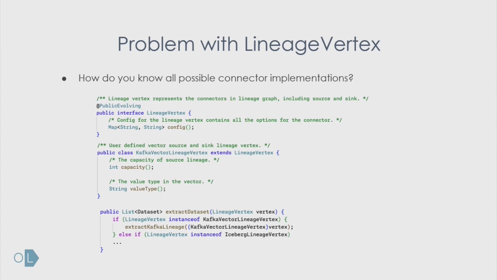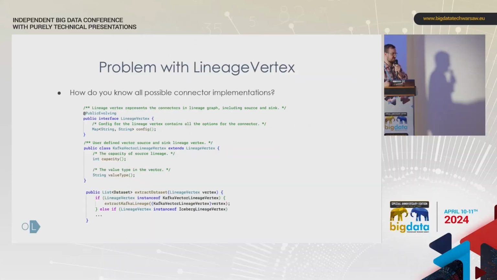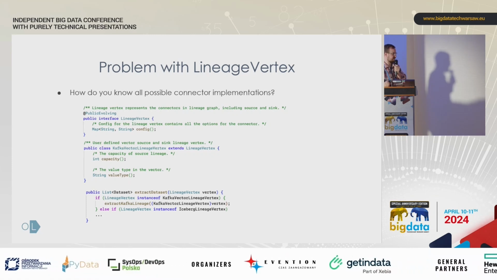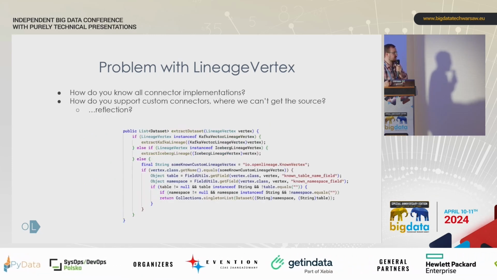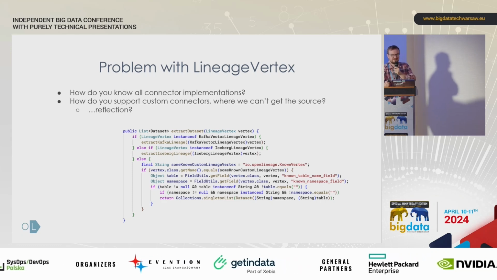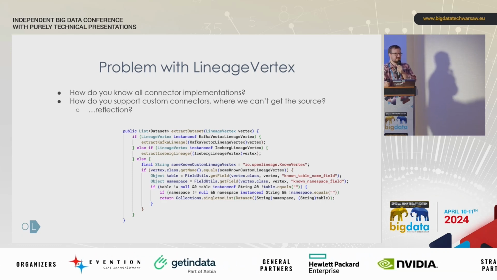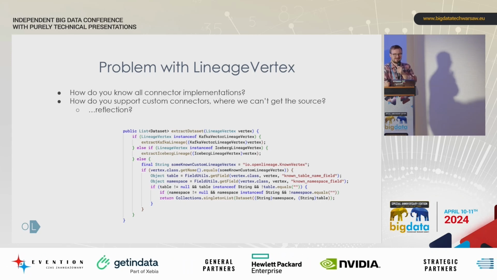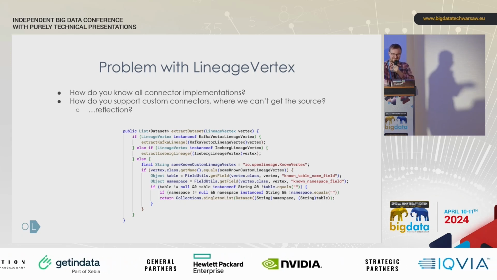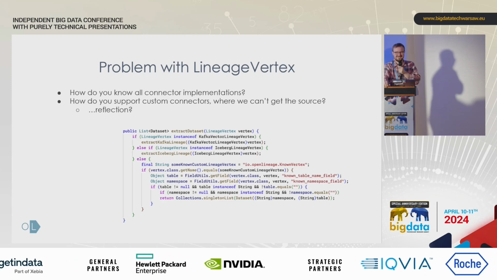And to use it, we'd have to check the instance: is it a Kafka connector? Yes, then do something for Kafka in our own code. And if it's Iceberg, do something else. That's what we would have to do for every connector that can produce and read, basically. And those are not the only connectors, right? The open source ones. There's a strong culture of writing your own connectors. I've done this myself, and Maciej Briński in the audience knows what it was for.